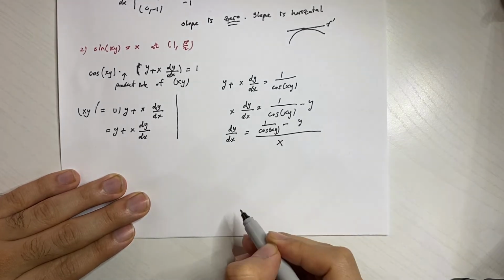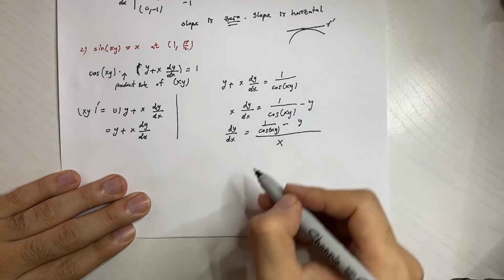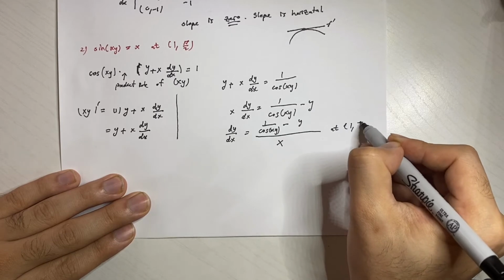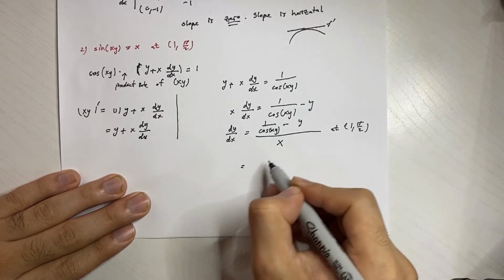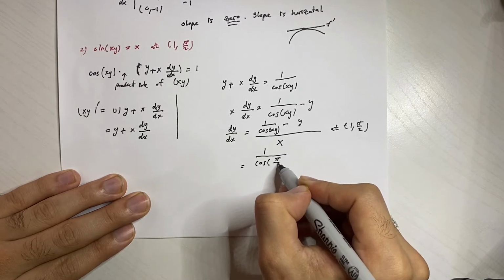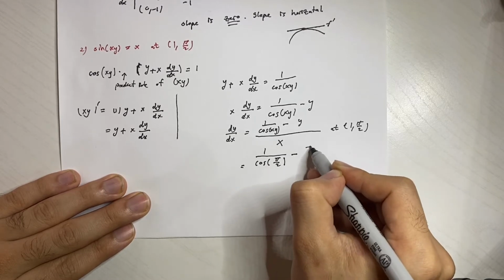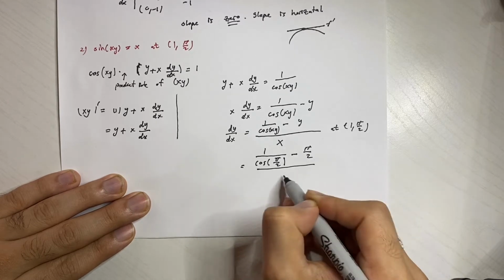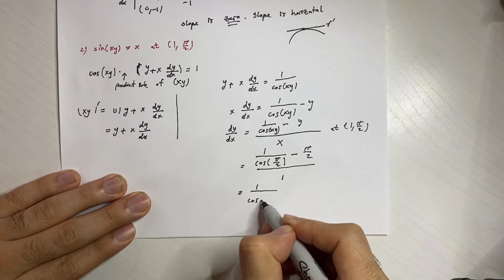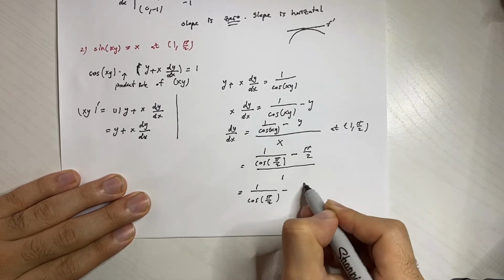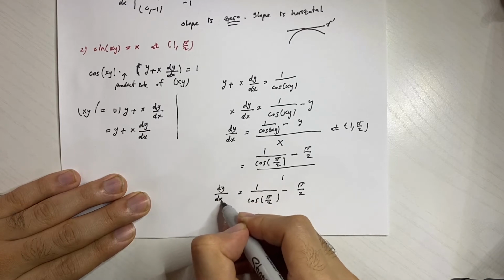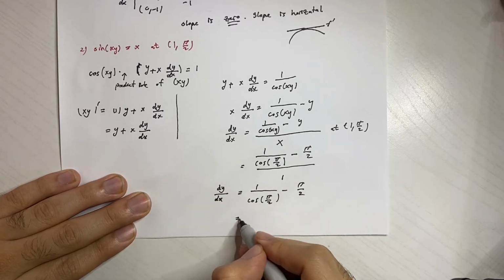And then what we have here is this function. Now we are ready to evaluate that function at the given point 1 and pi over 2. So that's going to be cosine of pi over 2 minus pi over 2, all over 1. This is the same as 1 over cosine of pi over 2, minus pi over 2. Remember this is evaluated at the point.